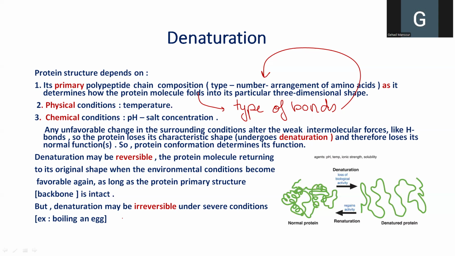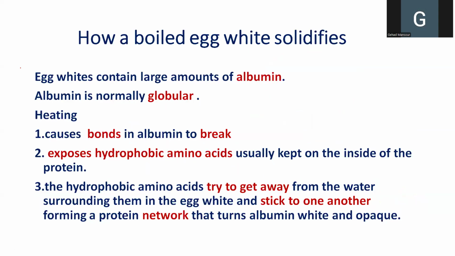But if the change is significant in pH or in temperature, a greater number of bonds will be broken down, and a more significant change in shape will occur. For example, in the case of boiling an egg, you all know that the white of an egg is called albumin, and you have to know that albumin is a globular protein, and it is a soluble protein, which means that albumin may dissolve in water.